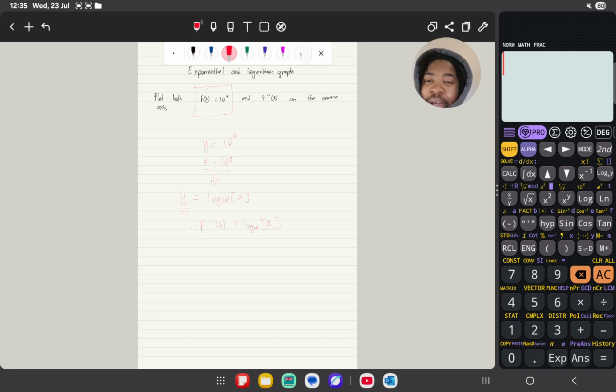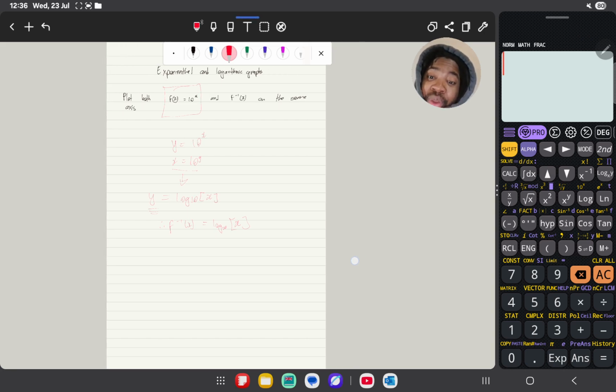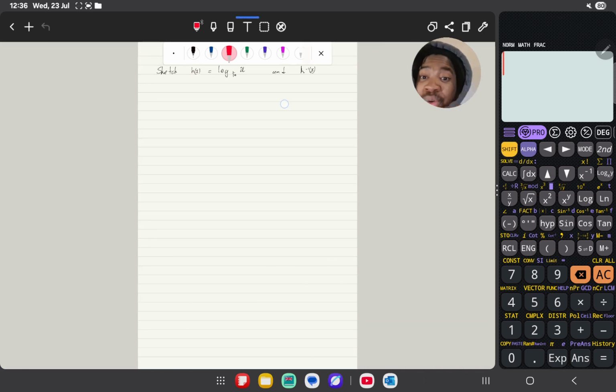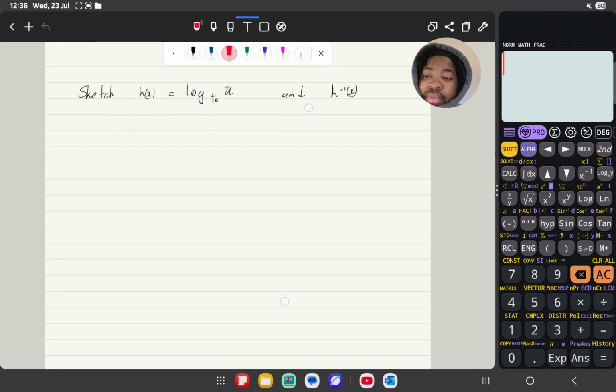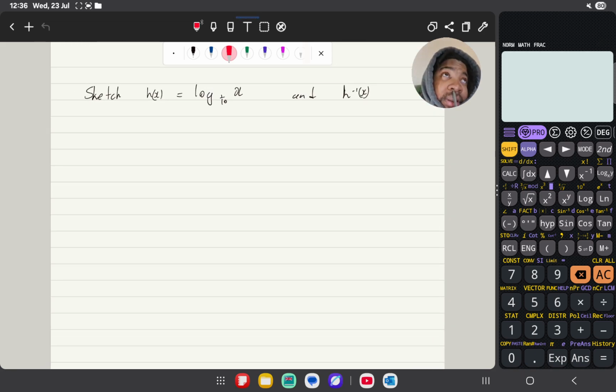But for this one, you just take maybe from -10 to 10, and then you find the y values corresponding to each of those x values, or you could just plot via the intercepts and asymptotes and so forth.